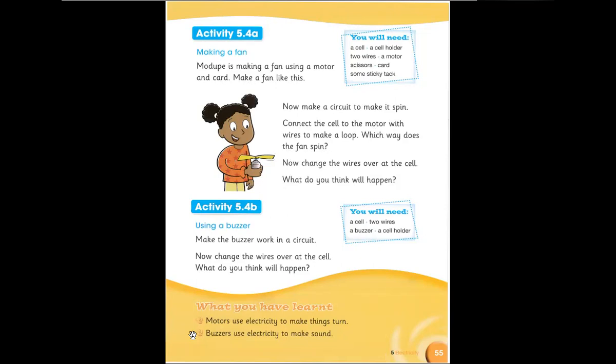So you have seen the project of Hisham. What he does, he connected the cell with the buzzer and the motor. So when the cell is connected with the wire and the circuit is complete, what happens? The fan runs and there is a sound. So the buzzer is making the sound and the motor is allowing the fan to spin.